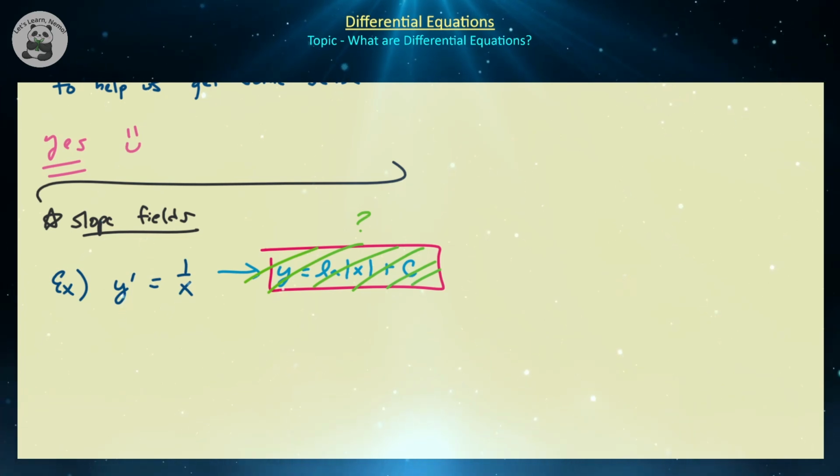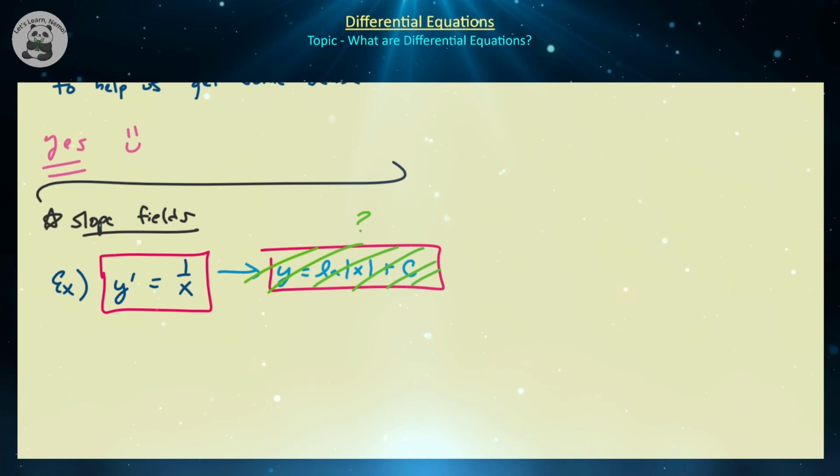So what does an equation tell us if it's a differential equation? Keep in mind, y prime is just another way of saying dy over dx. It's an infinitesimal change in y divided by an infinitesimal change in x, which can be viewed as the slope of a tangent line to a curve at any given point.